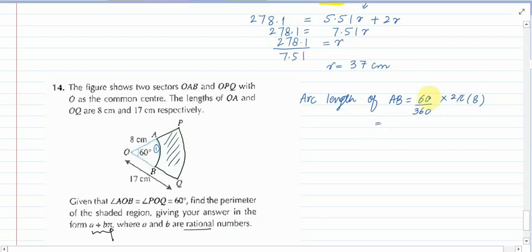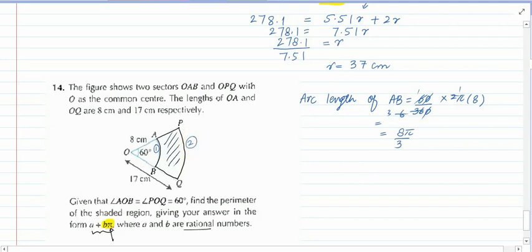So if you simplify, 0 and 0 cancel each other, 6 times 1 and 6 times 6, 2 times 1, 2 times 3. So what is remaining is, in the numerator we have 8 pi and in the denominator we have 3. No need to expand pi because we need our answer in terms of pi, right? So we have found the arc length of 1.